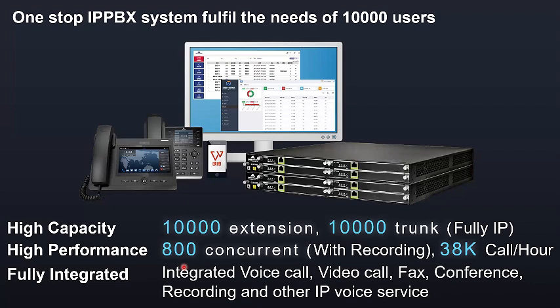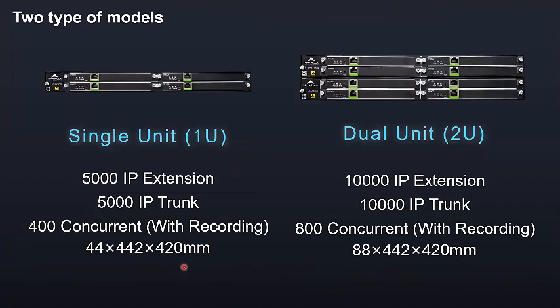Okay, so when we talk about OM 8000, basically there are two types of models. We have the single unit that is able to support 5,000 IP extensions and IP trunks, and the maximum concurrent calls of 400, and this is the dimensions.